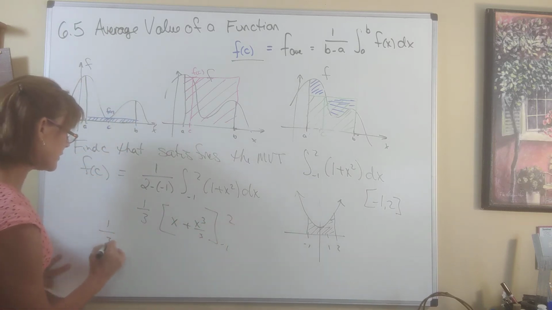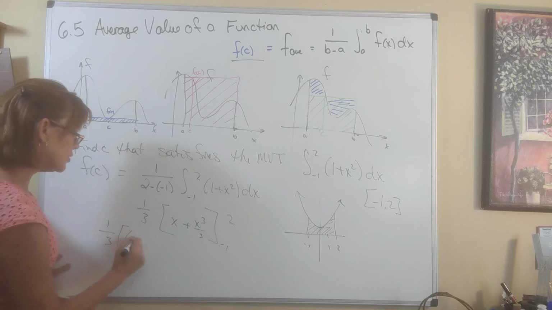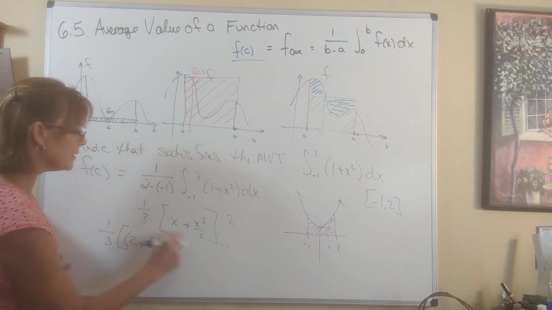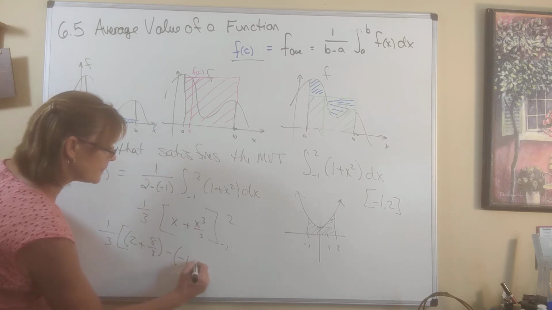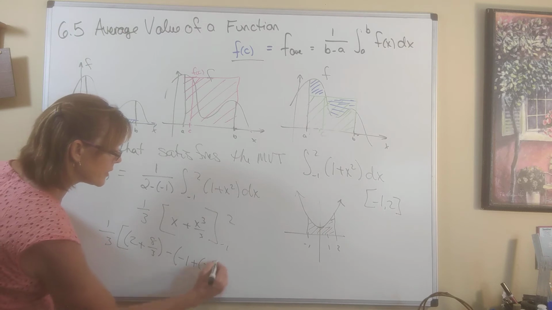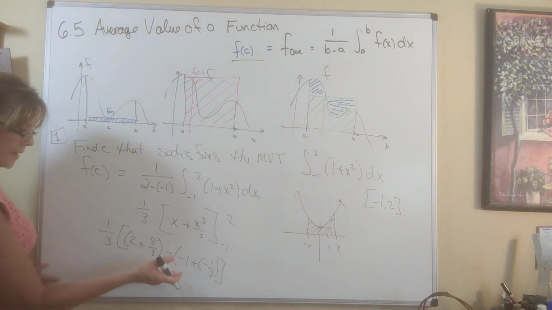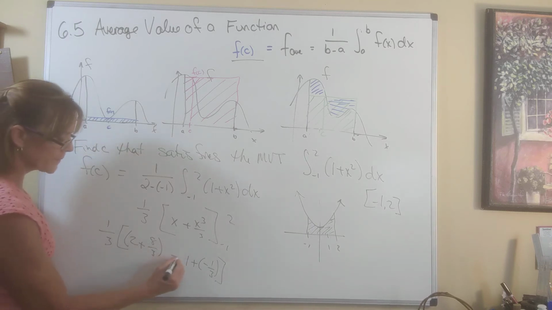So this is 1/3 times, evaluating at 2, 2 cubed is 8 over 3, minus negative 1 cubed, which is negative 1 over 3. Then we just add this up. This is a negative times a negative, so this is going to be a plus 1.